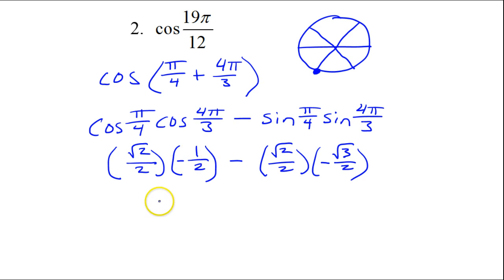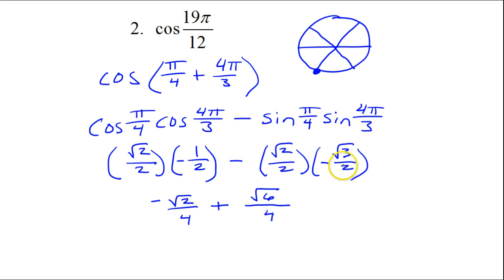Great. Multiplying this together, we will have negative radical 2 over 4. And here, this is going to be negative, but then I'm subtracting a negative, so it's going to wind up being addition. So I'm going to wind up having plus radical 6 over 4.